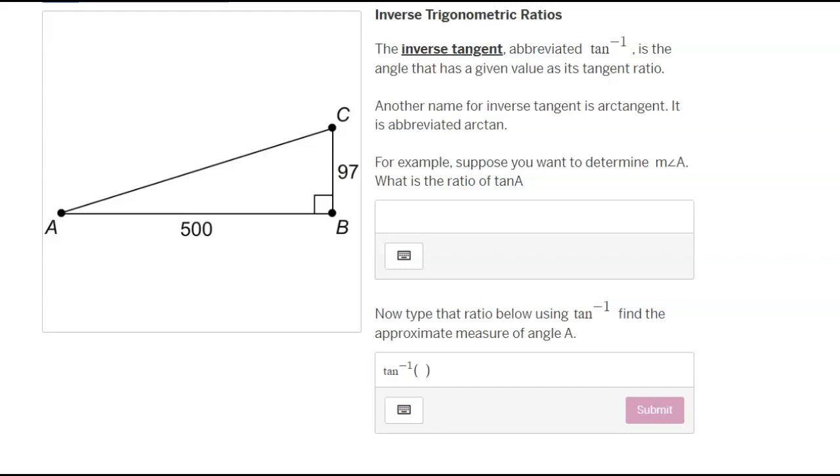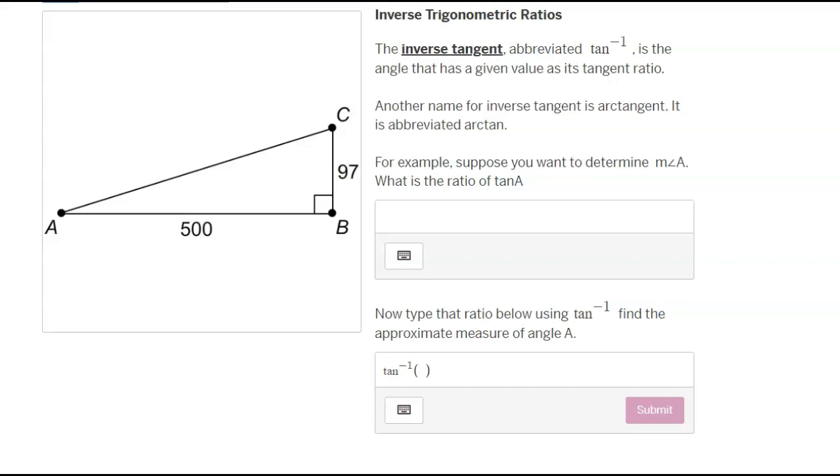So the inverse of multiplication is division. Well, the inverse of tangent is tangent to the power of -1. This is the angle that has a given value as its tangent ratio. Another name for inverse tangent is arctan or arctangent.